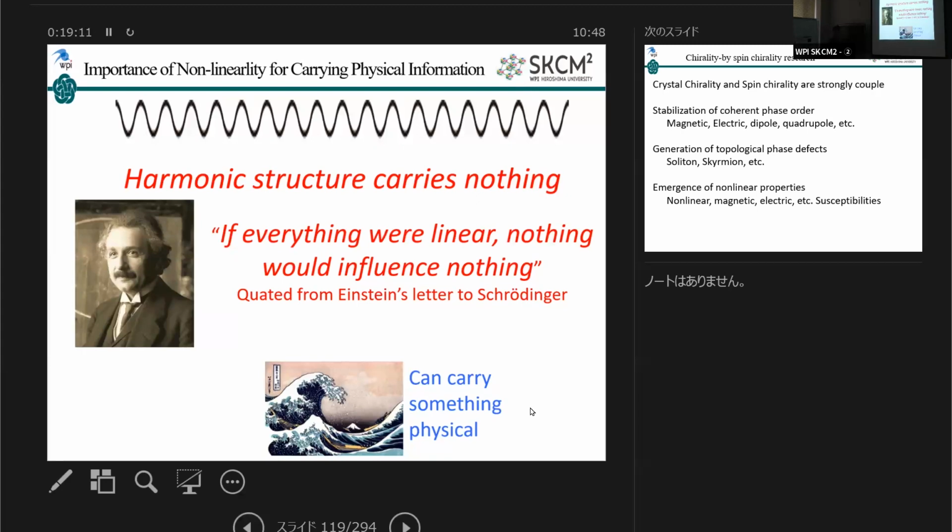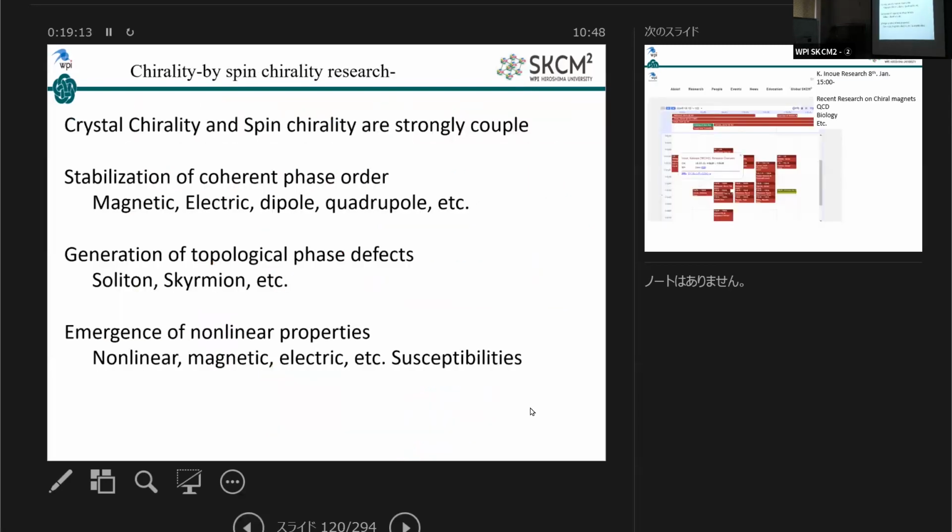Nonlinear is the keyword. Anyway, what I want to say today is that the crystal chirality and the spin chirality are strongly coupled by the Dzyaloshinskii-Moriya interaction. And the stabilization of coherent phase order is possible by putting chirality on the material.